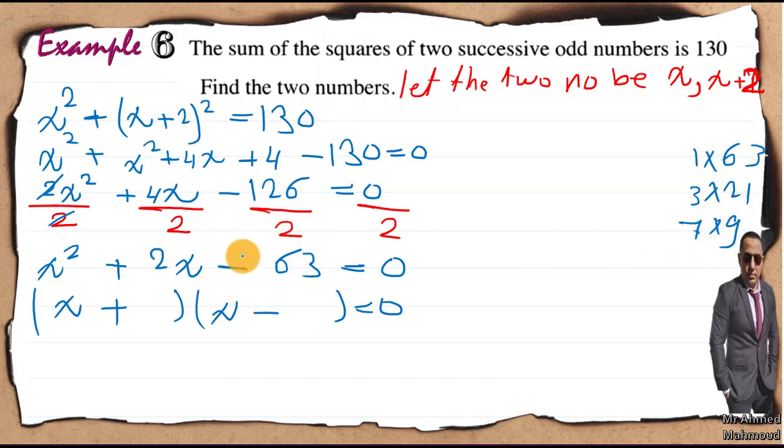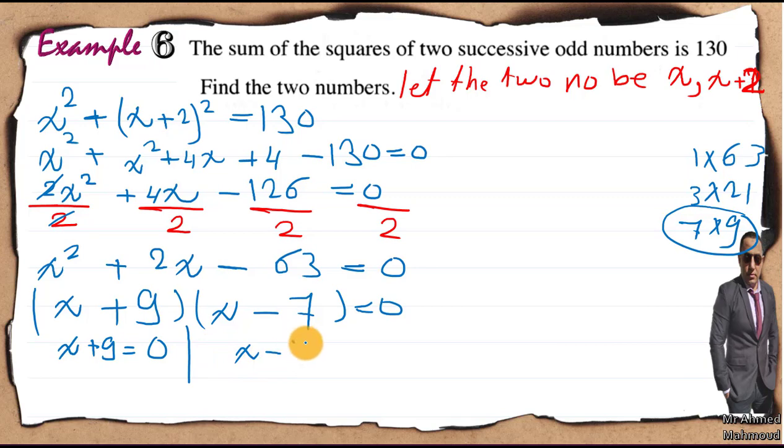I'm going to choose two numbers whose difference is 2, so I choose 7 and 9. 9, the bigger number, goes with the middle sign. The middle sign is positive, so 9 here and 7 here. Separate them: x plus 9 equals 0.